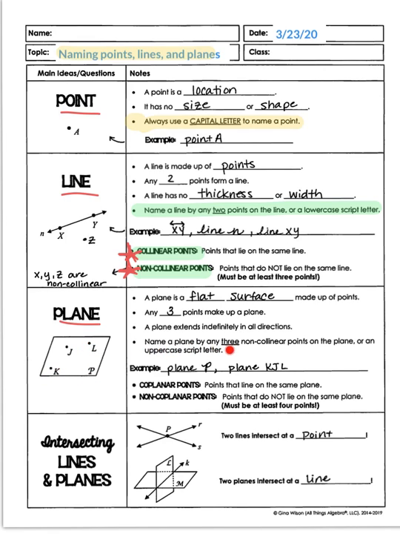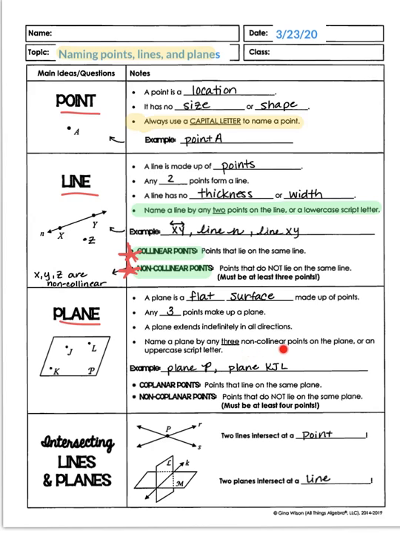Name a plane by any 3 non-collinear points. So in order to name this plane, you could use the uppercase script letter that you see. So this P right here, there's no point with it. So this P is indicating the name of this plane. So this is called plane P. Or you can name this plane by using 3 non-collinear points.